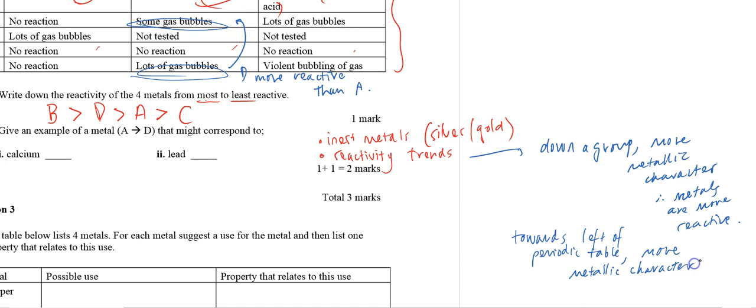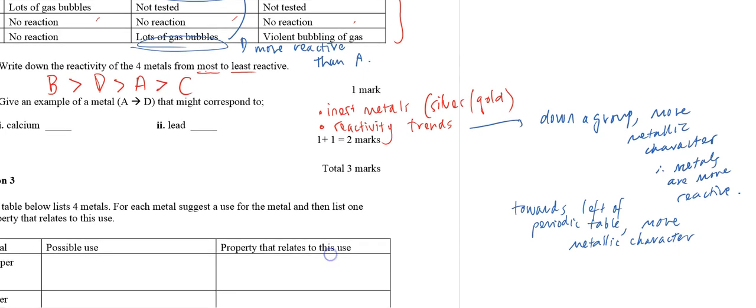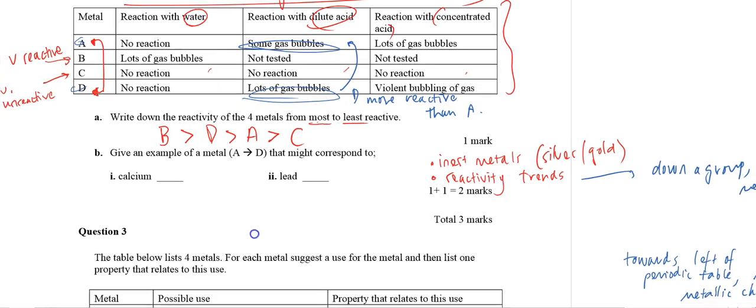So the group 1 and group 2 metals are the most reactive. Group 1 and 2 are considered the most reactive, with group 1 being the most reactive, period. Okay. All right, let's have a look.